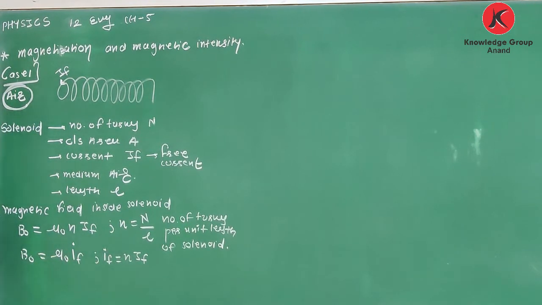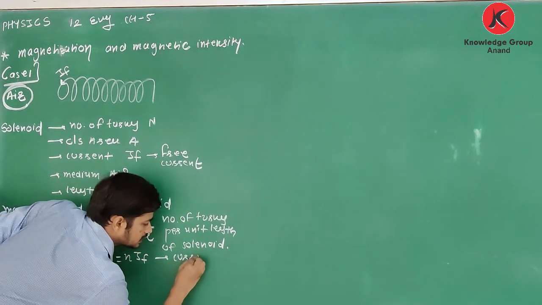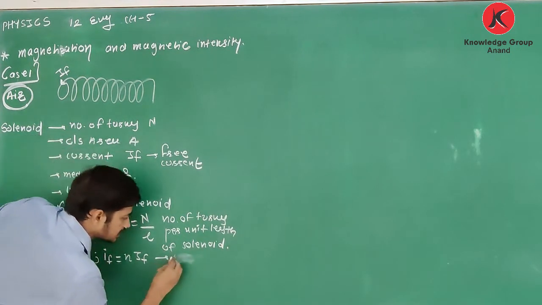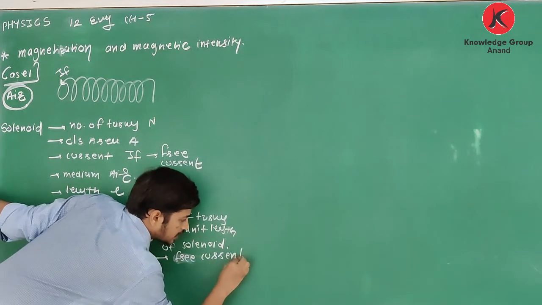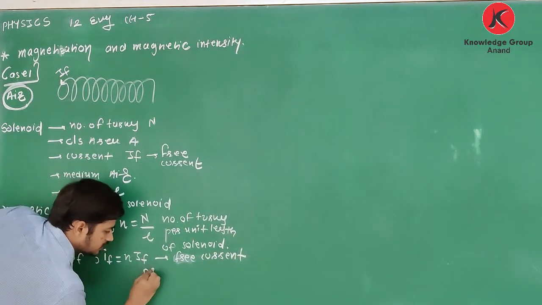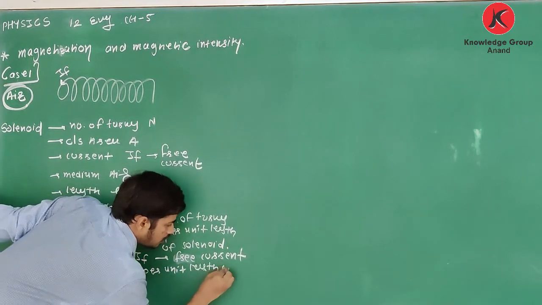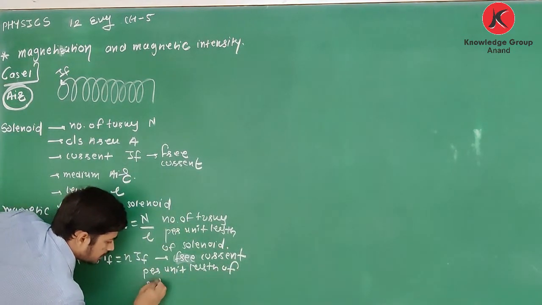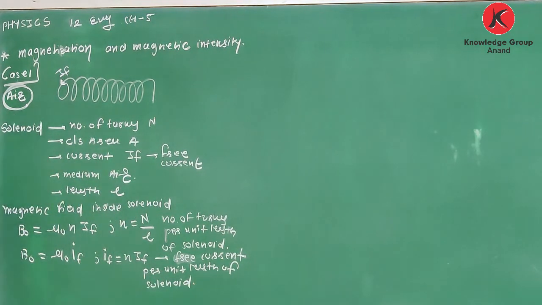It is current per unit length. So yes, it is free current per unit length of the solenoid. Clear about this?